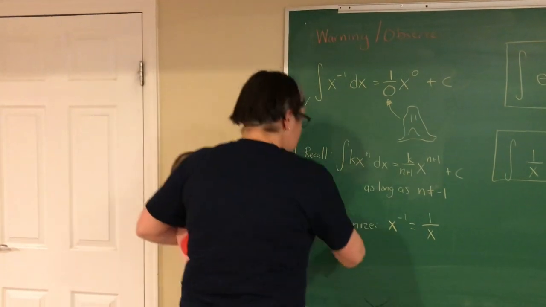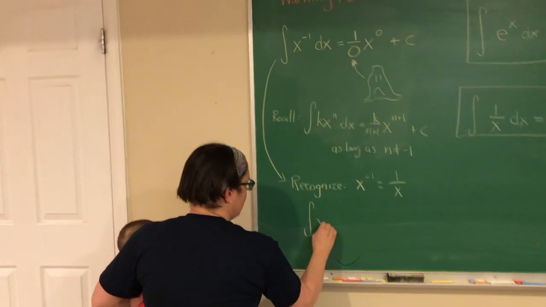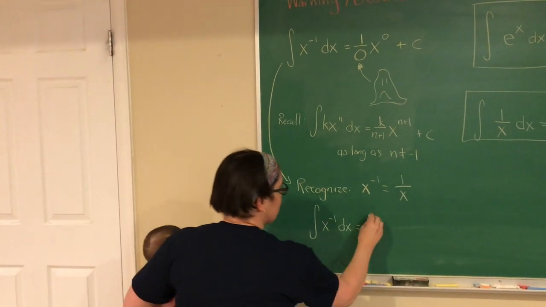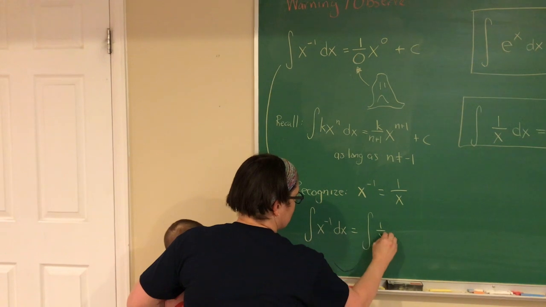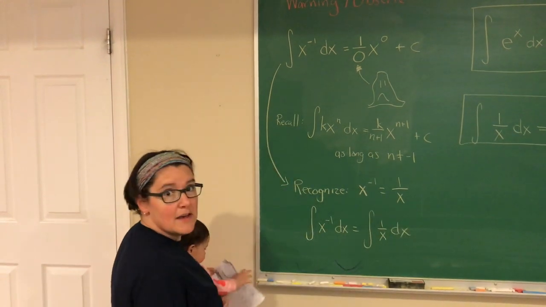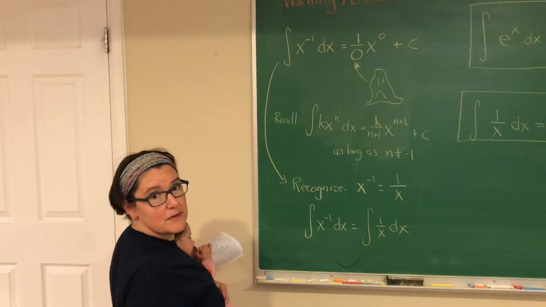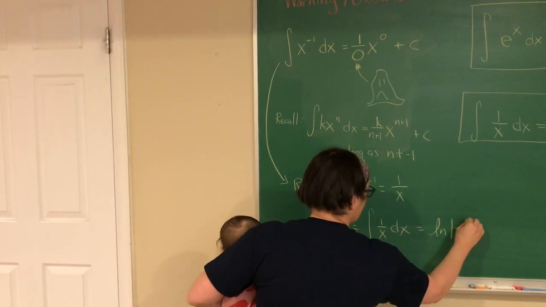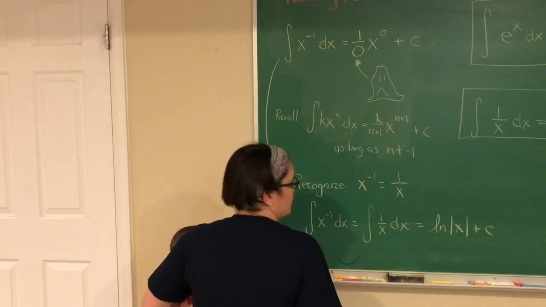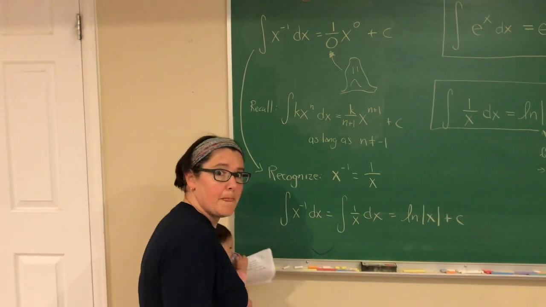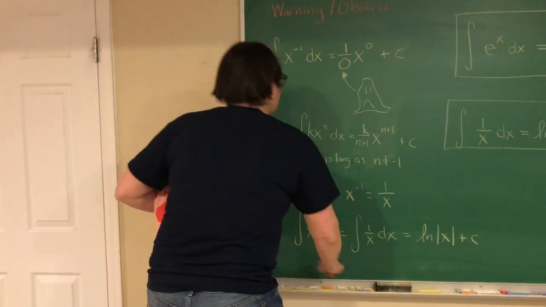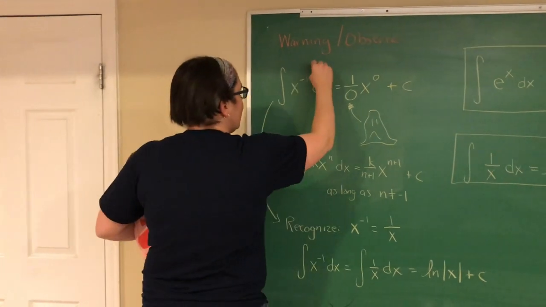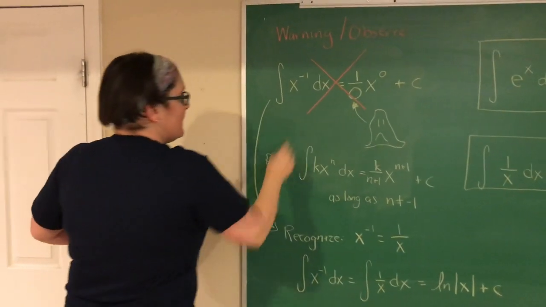So if you see the integral of x to the negative 1 dx, what you want to do is rewrite this as the integral of 1 over x dx, and then say, oh, I know what the antiderivative of 1 over x is. The antiderivative of 1 over x is natural log of the absolute value of x plus c. Okay? So what I've written up here at the top about adding 1 to the power and dividing by that new power, when the power is negative 1, that does not work.